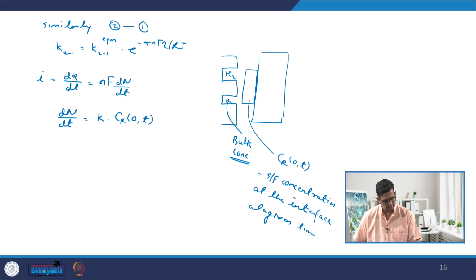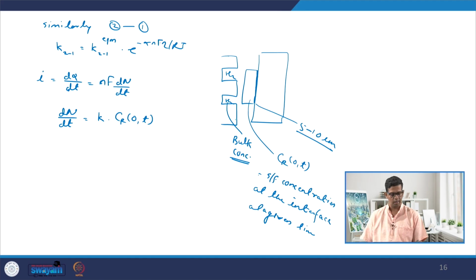This layer is roughly 5 to 10 micrometers thick. We are interested in the concentration of the reactants at this interface, which is different from the bulk concentration that is supplied. So that is Cr(0,t), the concentration of the reactant at the interface.